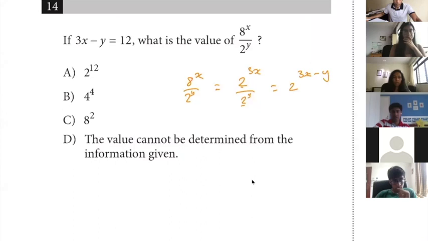Let me share this once more. Okay, there we go. So you get 8^x over 2^y, which is 2^(3x) over 2^y, which is equal to 2 to the power 3x minus y. And we know that this is equal to 12.